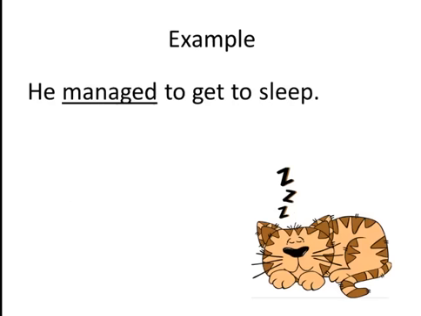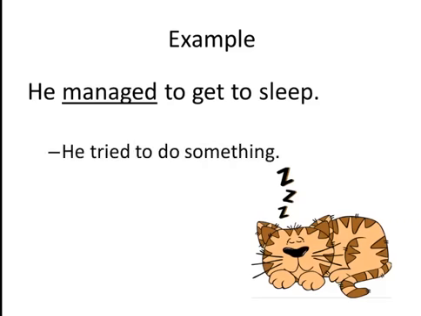For example, let's have a look at an example. He managed to get to sleep. Now we're looking at the meaning of managed. Looking in a dictionary is helpful because although I know you know what managed means, sometimes it's hard to pinpoint it when you know it automatically.